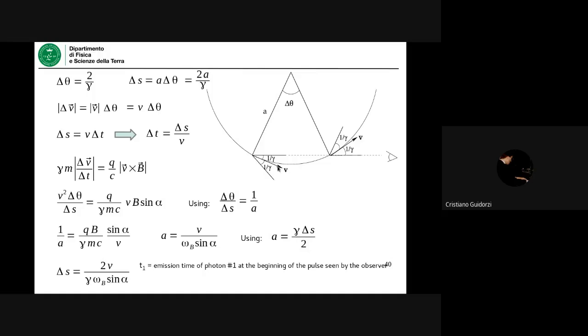Mind that T1 is the time measured in a fixed frame, the only frame I'm referring to so far. And in a symmetric way, we call T2 the emission time of photon 2, the last photon emitted that you receive. At T1, photon 1 is emitted here and will be traveling towards you. At T2, photon 2 is emitted here and will also be traveling towards you.